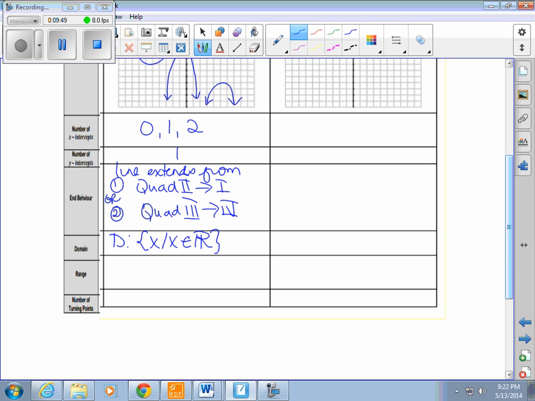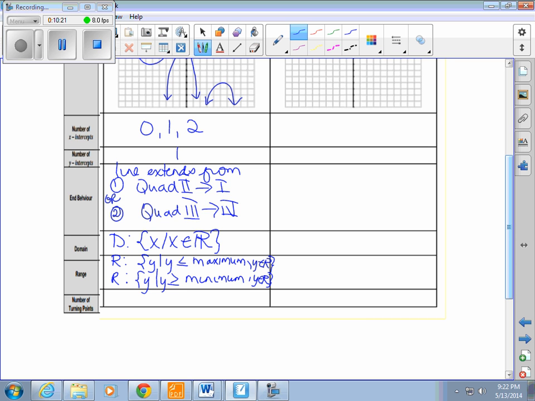So our range is going to be the set of values for y such that y is less than or equal to something if you have a maximum, or your range is going to be the set of values for y such that y is greater than or equal to whatever your minimum was. And for both of these, y is an element of real numbers.